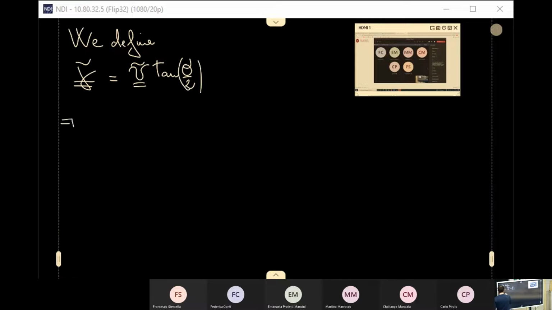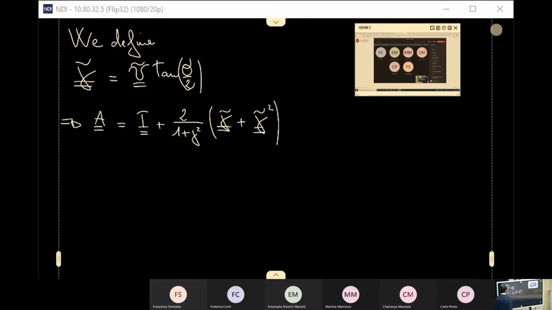And therefore, our A matrix becomes the identity matrix plus 2 over 1 plus gamma squared, which multiplies gamma tilde plus gamma tilde squared. Okay.